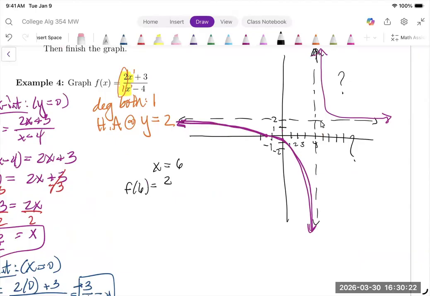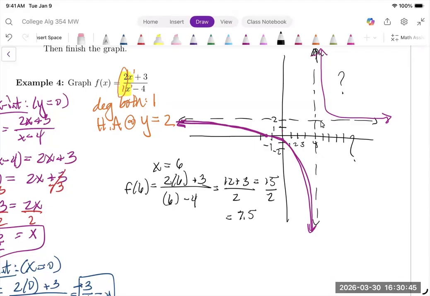So f of 6, that's (2 times 6 plus 3) over (6 minus 4). So this is 12 plus 3, which is 15, over 6 minus 4, which is 2. So 15 over 2 is what? 7.5.